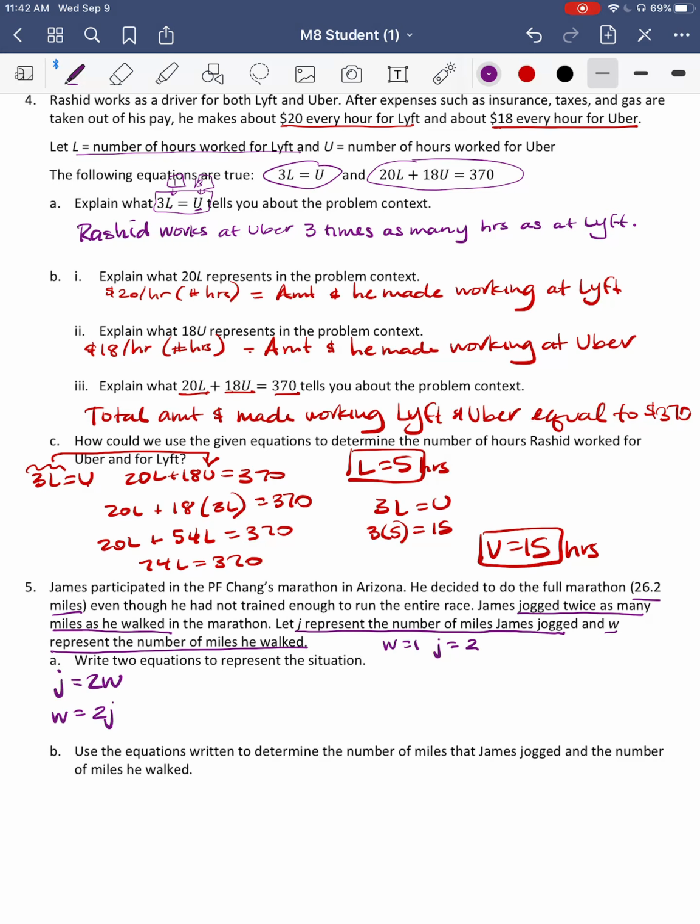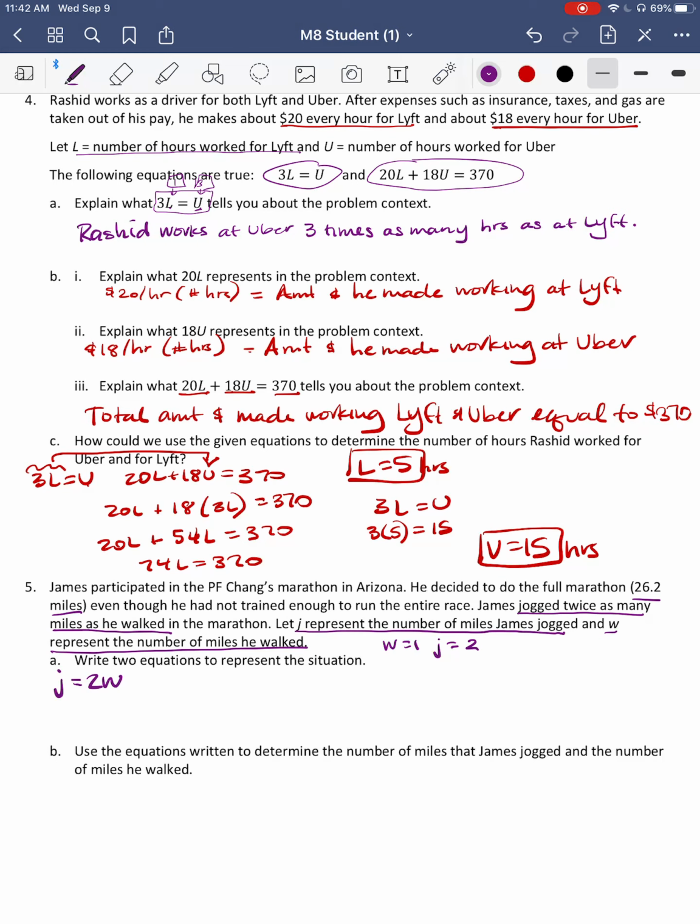For the first equation, J equals 2 times W: 2 equals 2 times 1. Well, 2 equals 2, that one works. If we do it the other way, W is 1 equals 2 times 2, which doesn't work. So it's got to be the first equation, so let's stick with that.